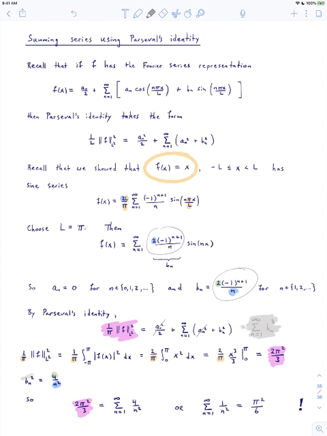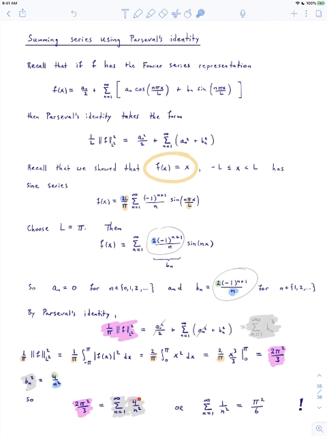But we know what bn squared is, right? So that's this term right there. So you're summing it from n equals 1 to infinity. So 2 pi squared over 3 is equal to the sum n equals 1 to infinity of 4 over n squared. So just divide this 4 over here. Now if you divide that 4 over here, you're going to have 2 over 4, which is 1/2. So you'll end up with pi squared over 2 times 3, which is pi squared over 6.